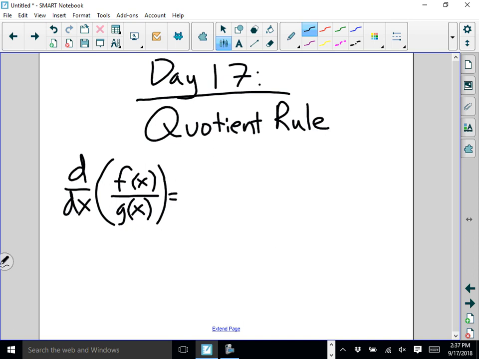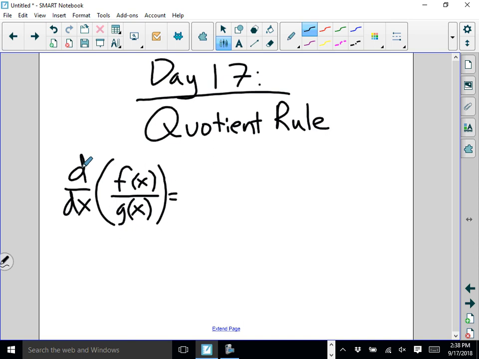The quotient rule, when we do the derivative of a quotient, we end up with a quotient answer, which is different than the product rule. The quotient rule looks a lot like the product rule, except we change the plus in the middle to minus, and we divide it by the lower function squared.